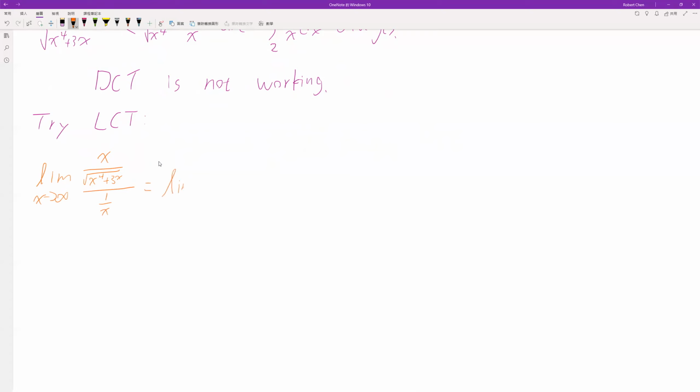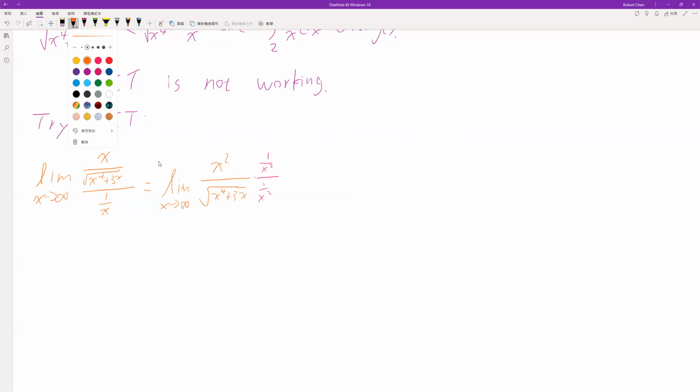We get the limit as x approaches infinity of x squared over radical x to the fourth plus 3x. Okay. So it's going to be infinity over infinity, but of course you can do L'Hopital's rule, but it's going to be very ugly, right? But we're going to use a technique from Calc 1, which is to multiply the numerator and denominator by the reciprocal of the highest power. So multiply by 1 over x squared over 1 over x squared, like that.